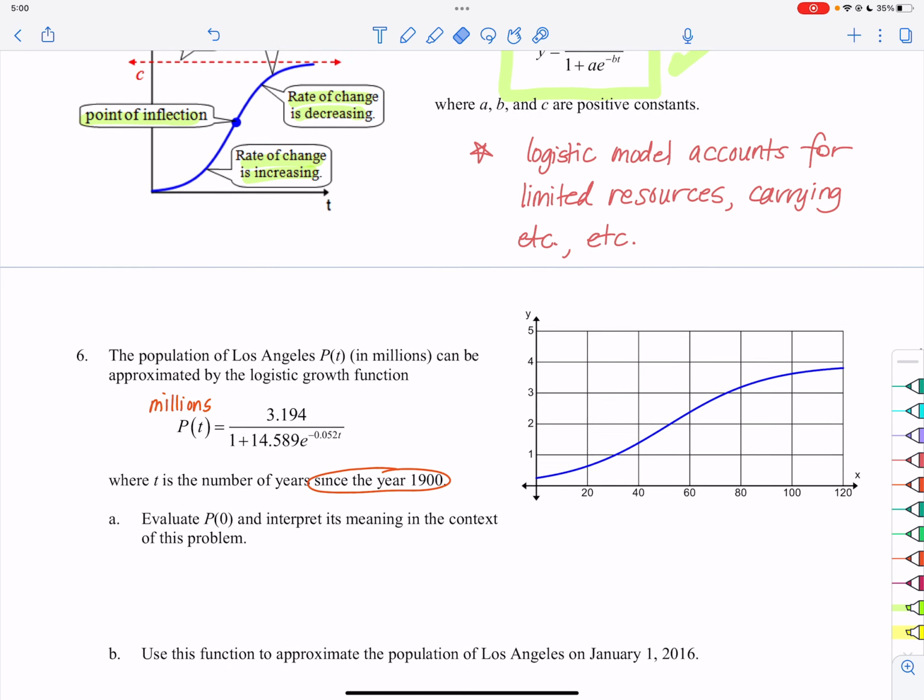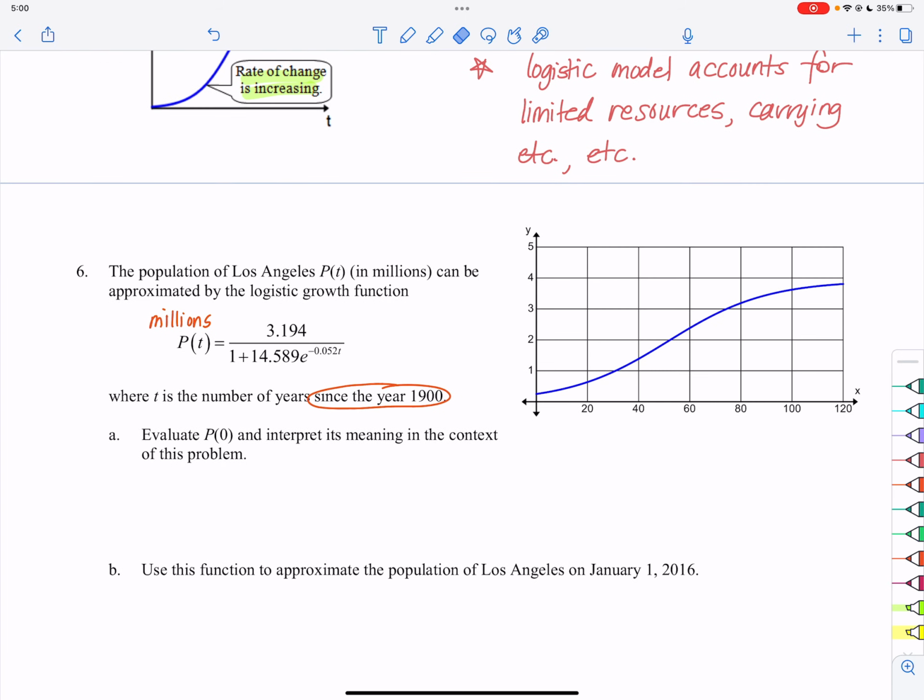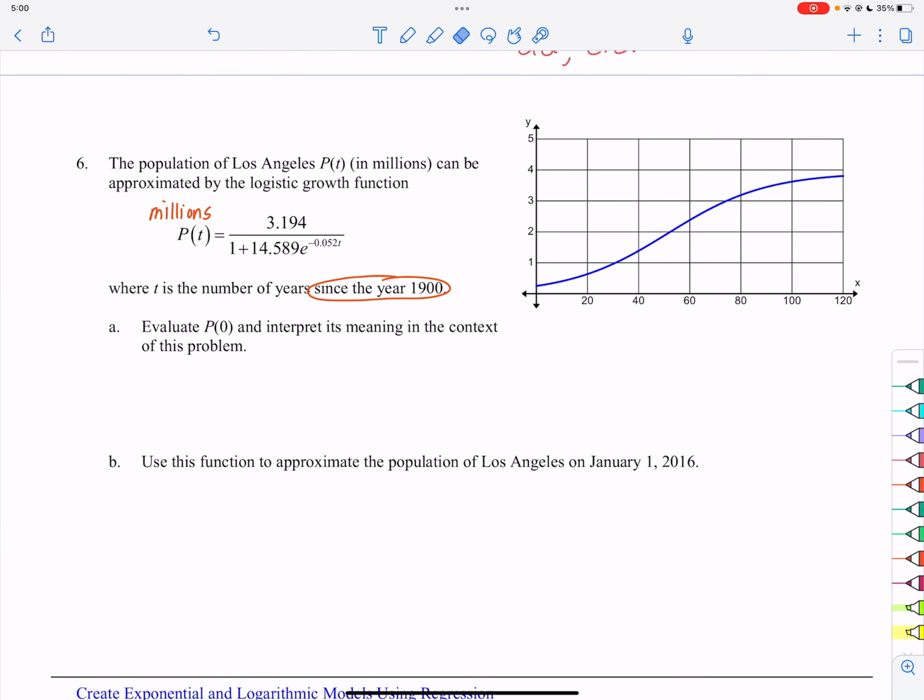And evaluate P of 0 and then interpret its meaning in the context of this problem. So P of 0 would be letting T be equal to 0. So that would be equal to e to the 0, which is just 1.